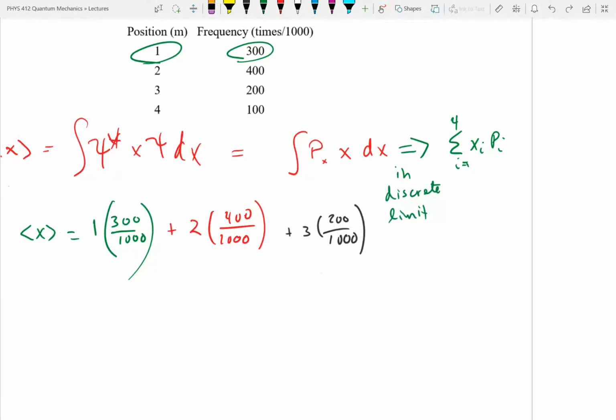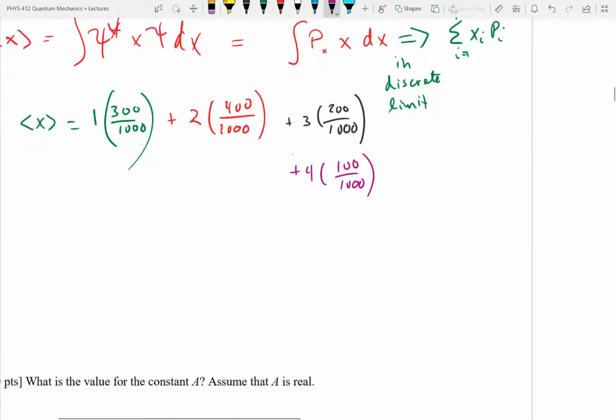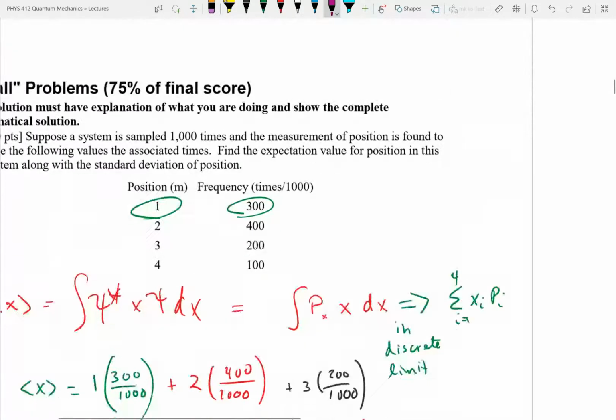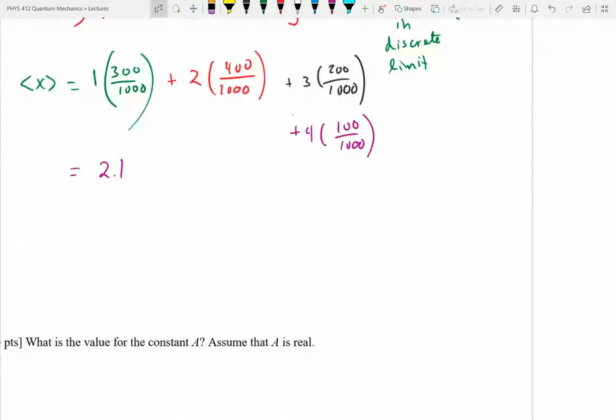I know I sound halfway like Chewbacca here. My final one. And then you had to add these up. So 3 plus 8 plus 6 plus 4 is 21. And these were units, meters. So there's the expectation value, right?